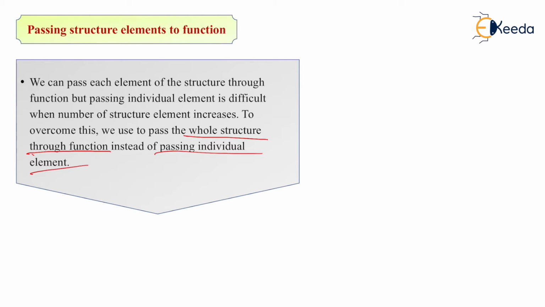Are you getting it? See, it is very difficult to pass s1 dot roll number, s1 dot name, and however many elements the structure contains, those elements should get passed to the function. It becomes very difficult, right? So it's much better to just pass the structure name, that is student. Fine. So whenever the function gets called, depending on the function call and whatever the requirement, it will accept those variables.